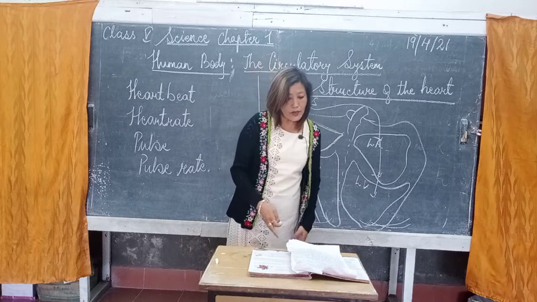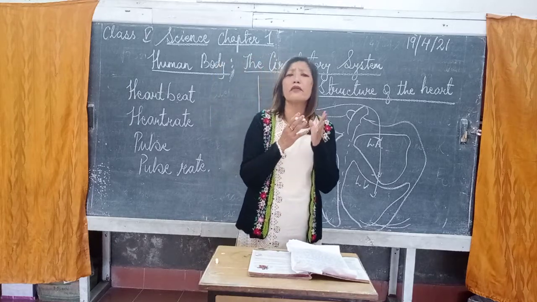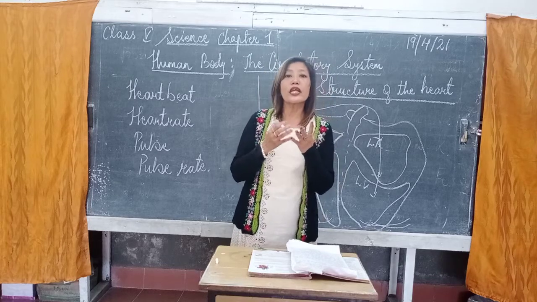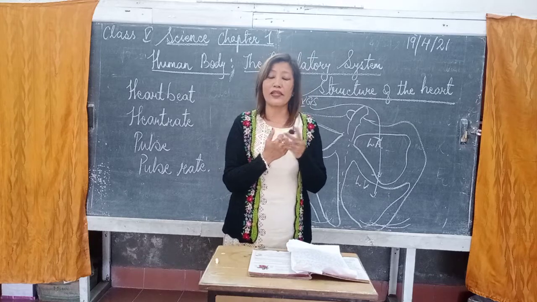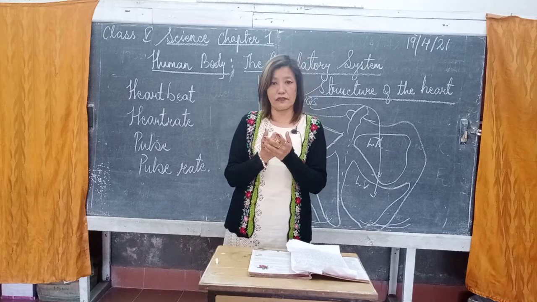Then come the functions of the heart. There are 3 main parts of the circulatory system: the blood, the heart and the blood vessels.